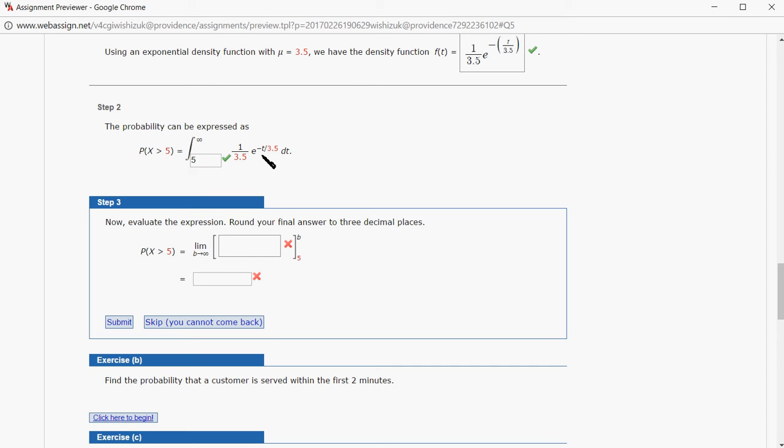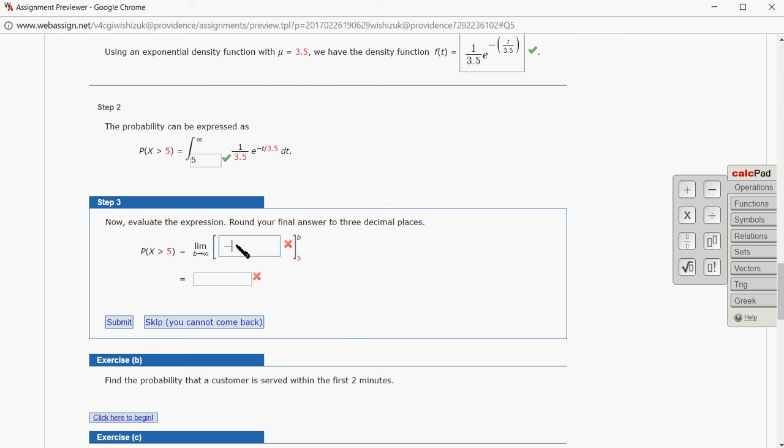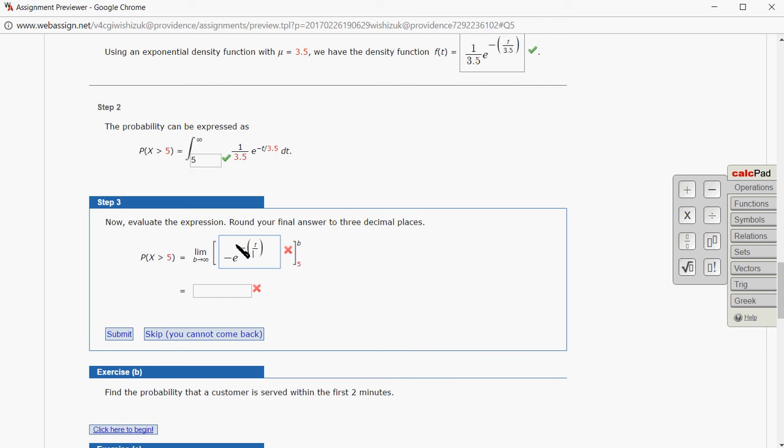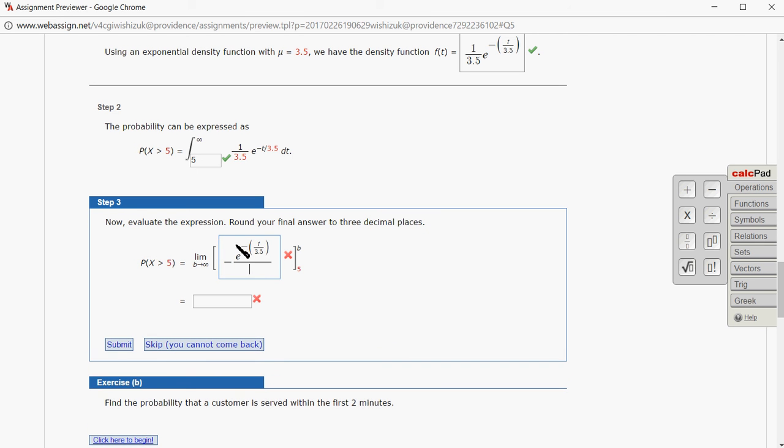The antiderivative of this is negative e to the negative t over 3.5, divided by negative 1 over 3.5.